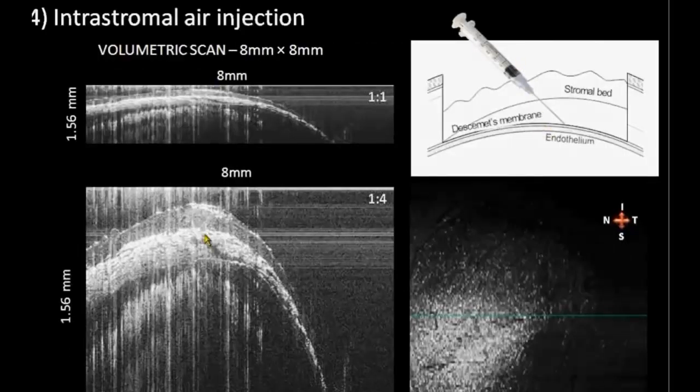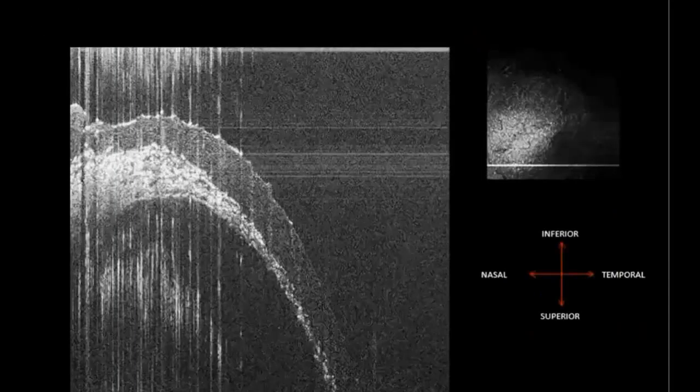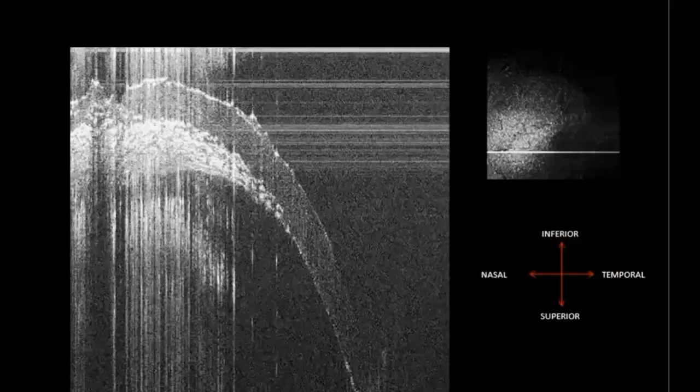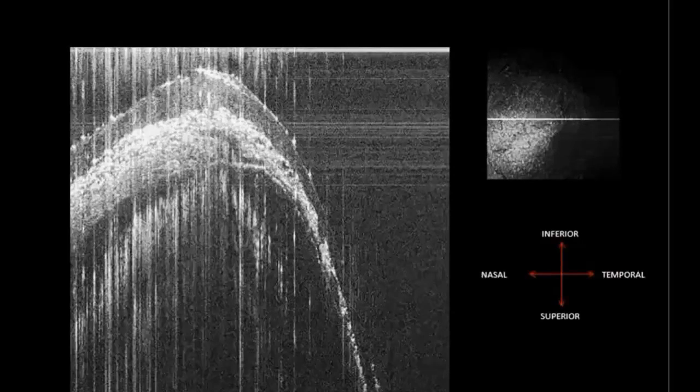So then we have the next step where we inject air, and here we can see that there's opacity or intense signal, and as you can imagine, after this portion, when we look at the cornea, our view is obscured. So we really can't tell by looking at the cornea after the air is injected whether or not Descemet's is detached or still attached.